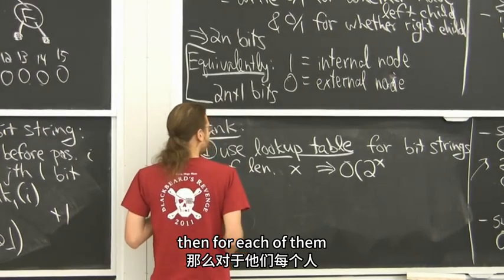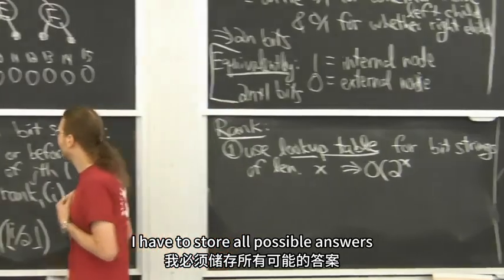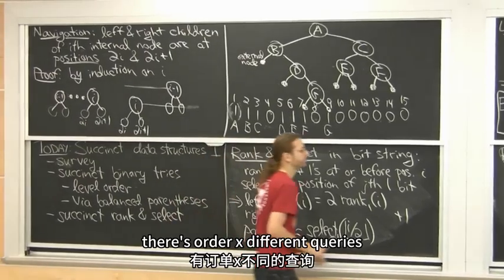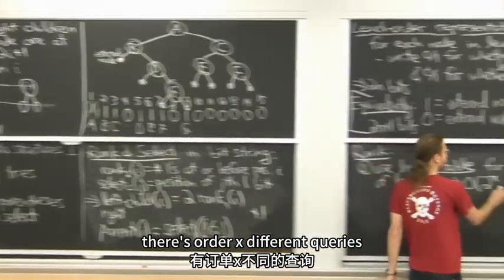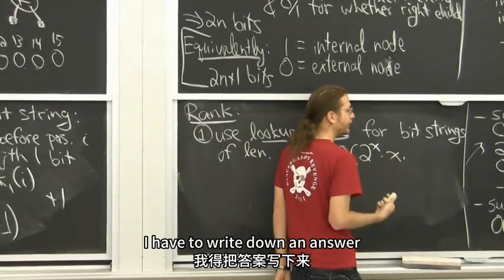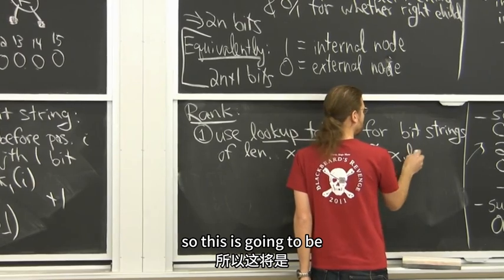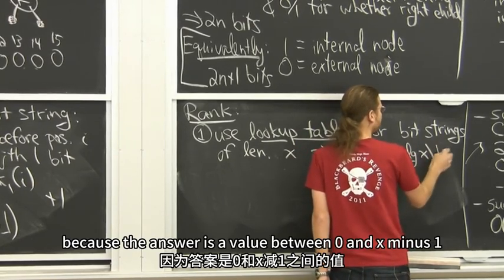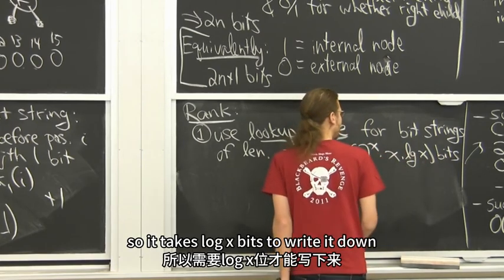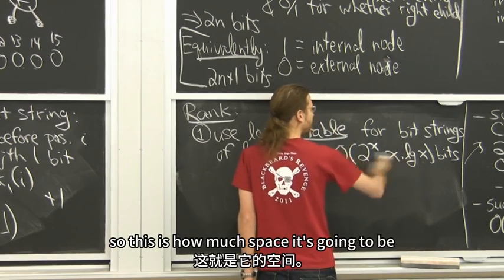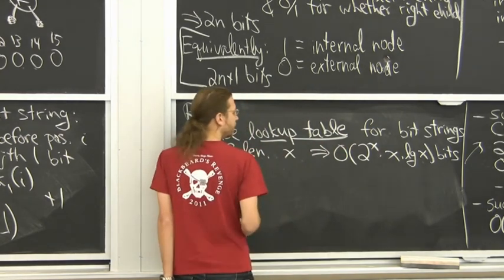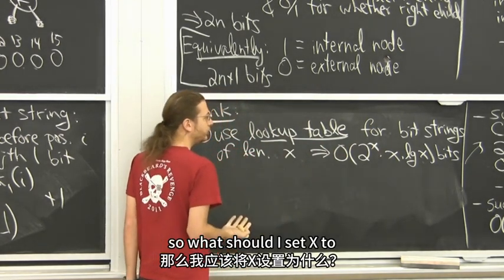Then for each of them, I have to store all possible answers to rank and select queries. So there are order x different queries. You could query every bit. And then for each of them, I have to write down an answer. So this is going to be log x bits. The answer is a value between 0 and x minus 1, so it takes log x bits to write it down. So this is how much space it's going to be to store the answer for all bit strings of length x. So what should I set x to?